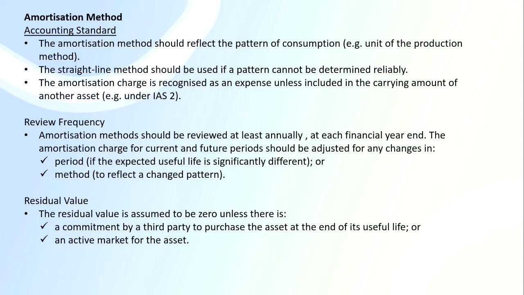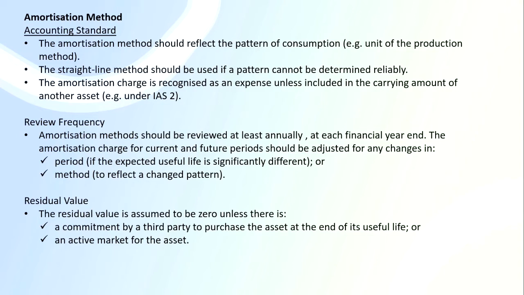The accounting entry for amortization is debit amortization expense, credit accumulated amortization. The debit goes to the statement of profit and loss because this is an expense. The credit side is the accumulated amortization, which goes to the statement of financial position and reduces the cost of the intangible non-current asset to the carrying amount.